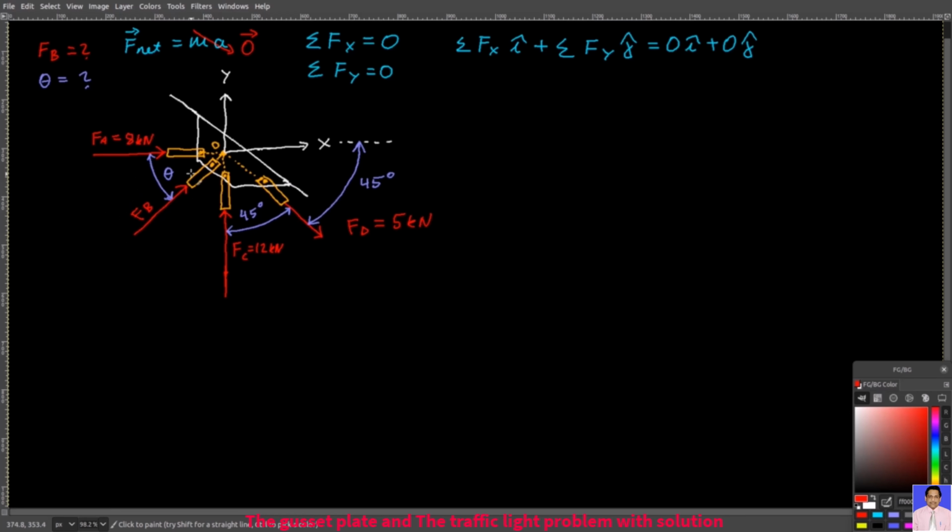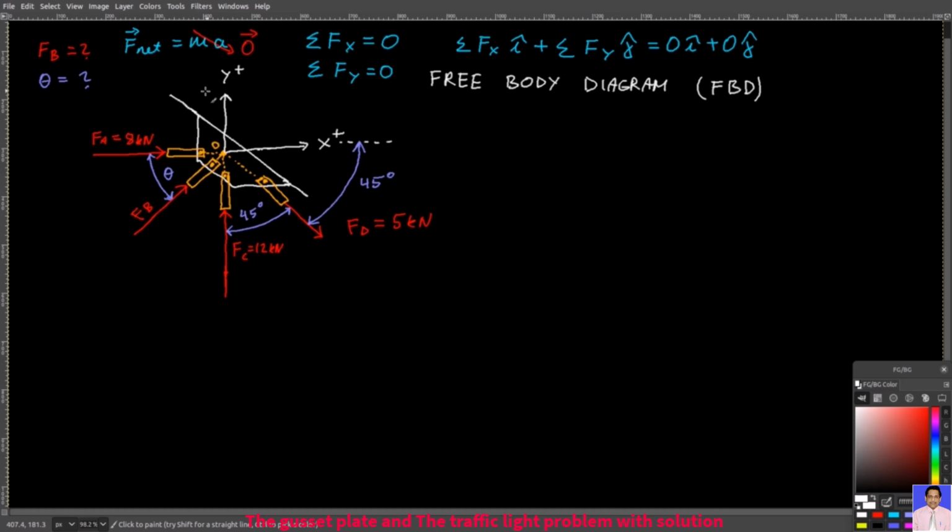We will find it later. We also clearly define where the positive x and positive y axis are relative to that object. And this kind of sketch with all these force vectors is called a free body diagram, or simply FBD.